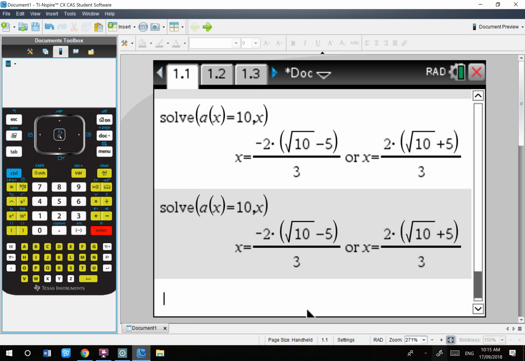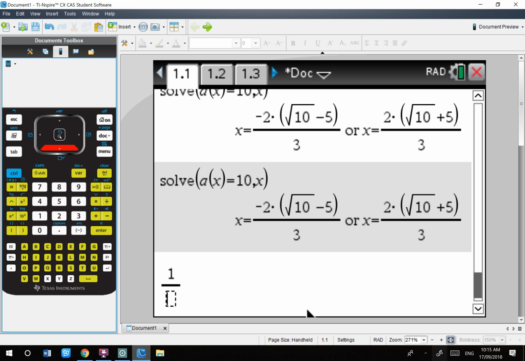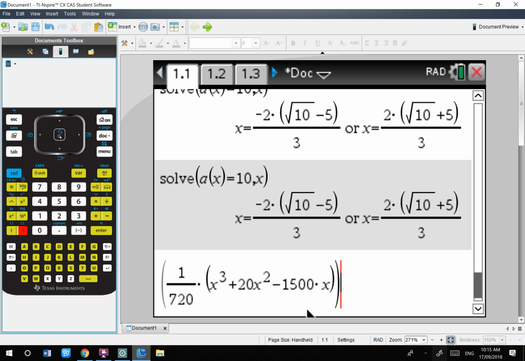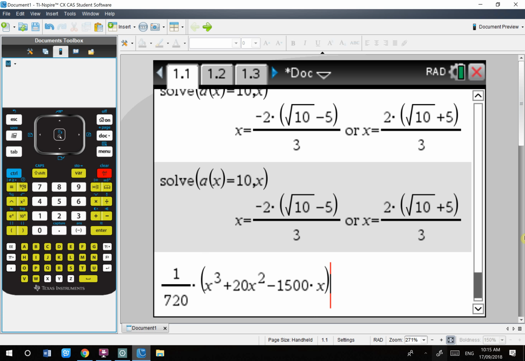So what I will do is define this function because I don't like to type this long equation again and again. So 1 over 720 times bracket x cubed plus 20x squared minus 1500 times x. Finish the bracket and then control VAR.